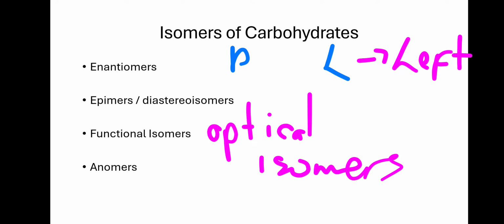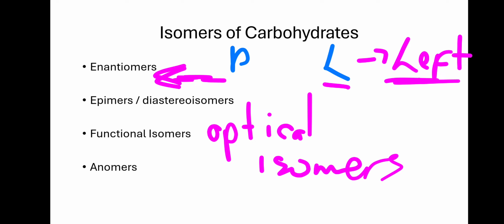So this is where you have what you call polarized light being projected to your glucose solution, and then this glucose can either deflect this polarized light to the left, or it can deflect the polarized light to the right. Okay, so if it does that to the left, you call that an L glucose. If it does that to the right, you're going to call that a D glucose.